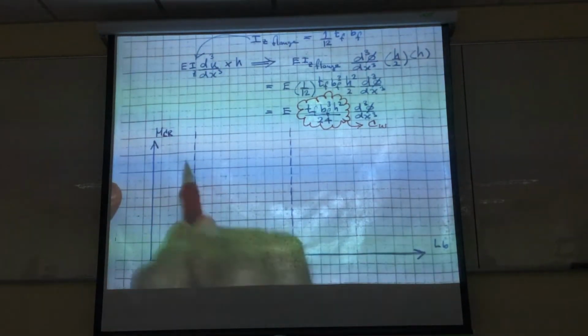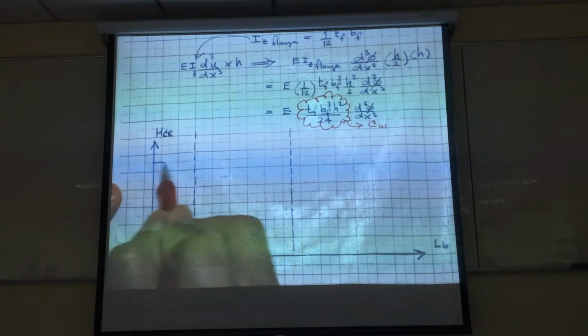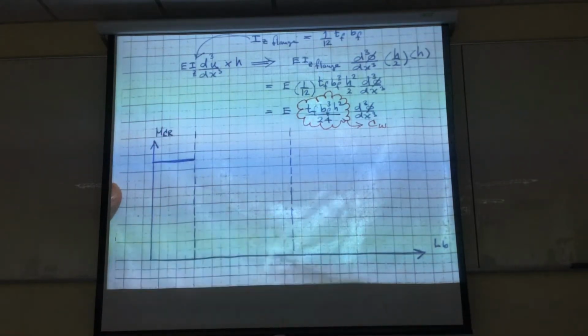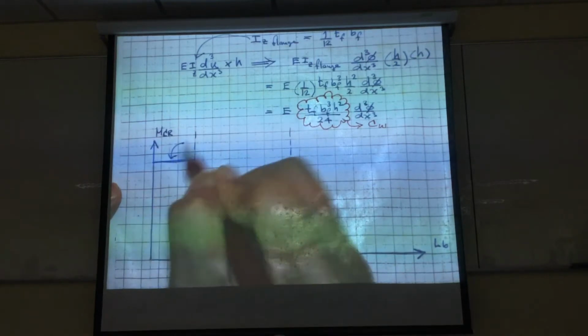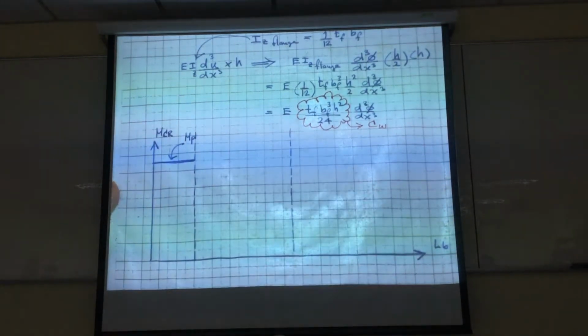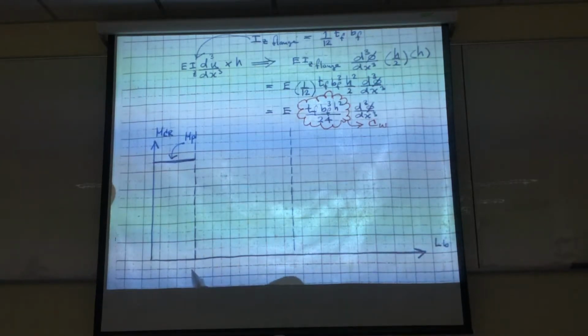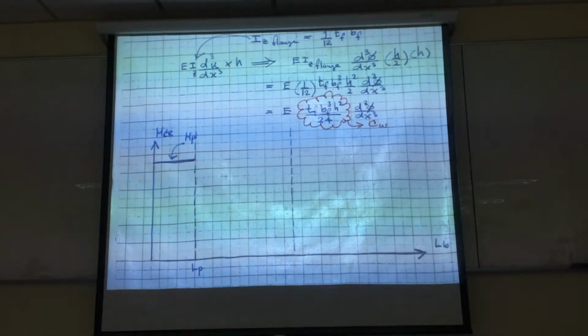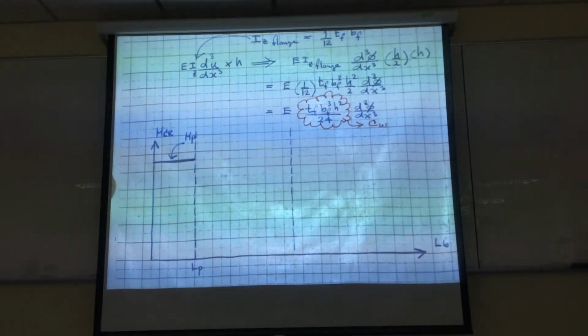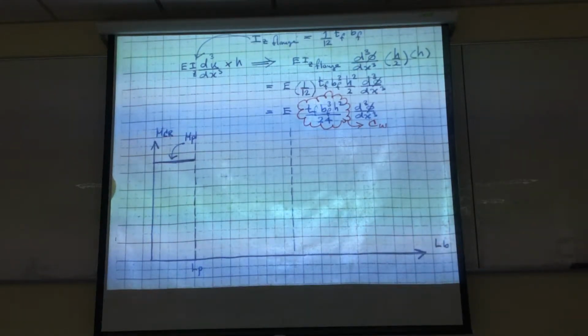First of all, this part is equal to M_p, the plastic moment. The plastic moment you derived 2 months ago, that plastic moment. So this is the L_p. When your L_b is less than L_p, then you can develop the full capacity of the cross section at plastic moment.